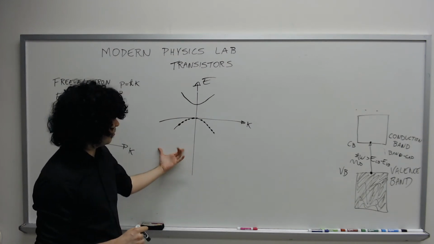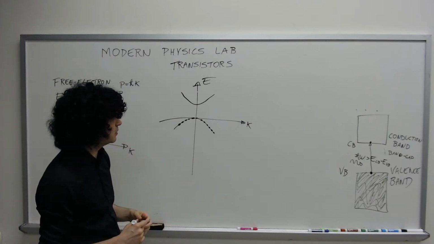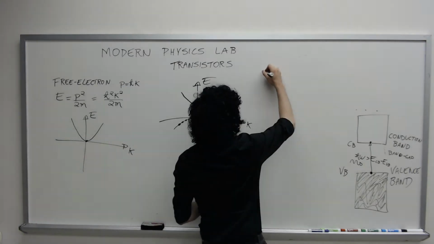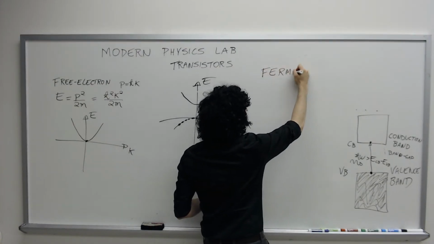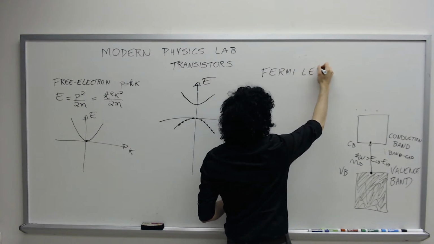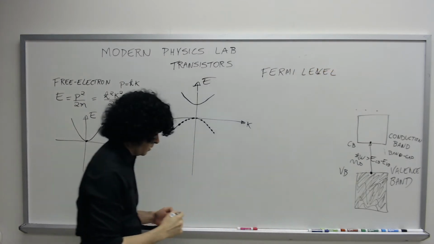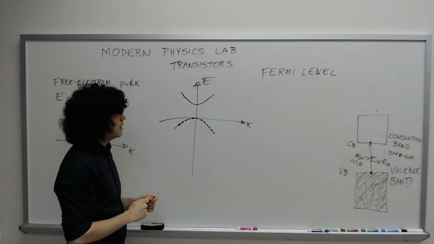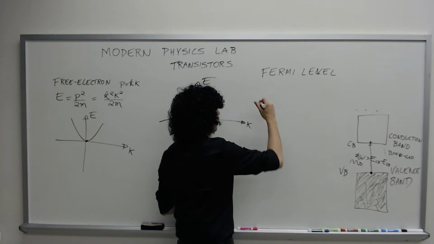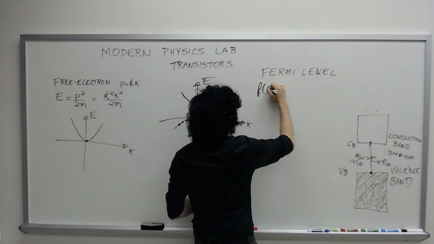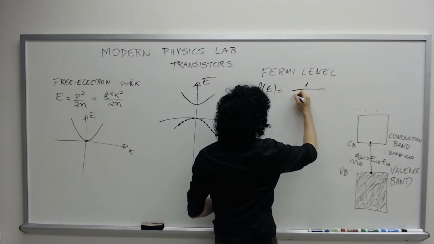They are fermions, and one important concept of semiconductors is called the Fermi level. As electrons are fermions, they follow what is called the Fermi-Dirac statistic, or distribution.